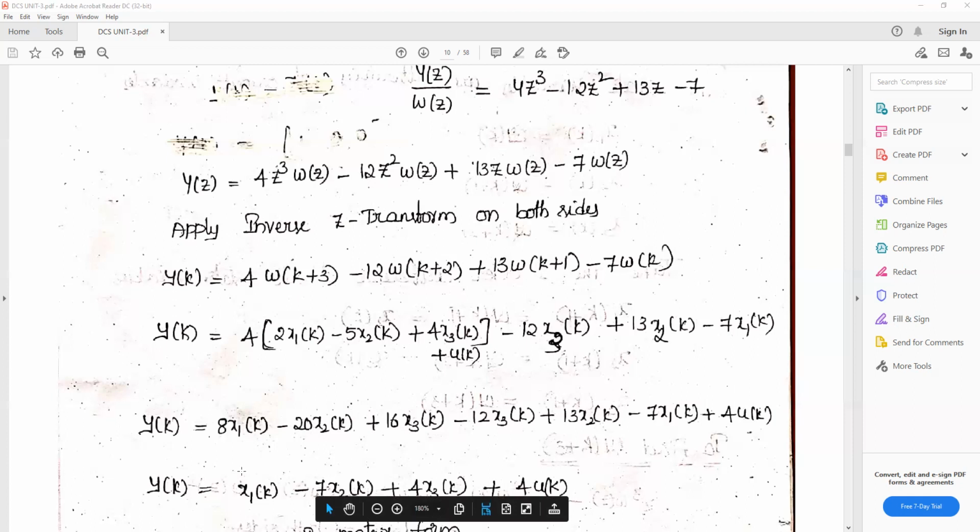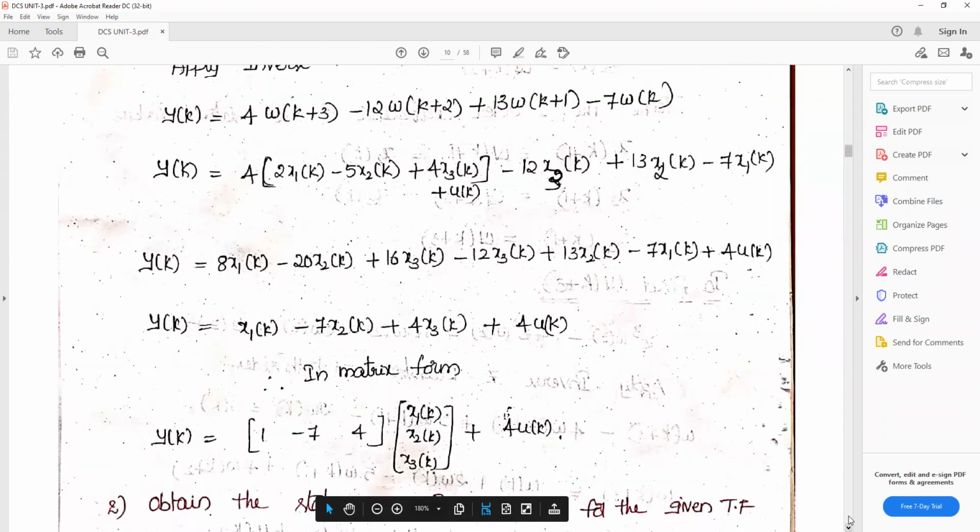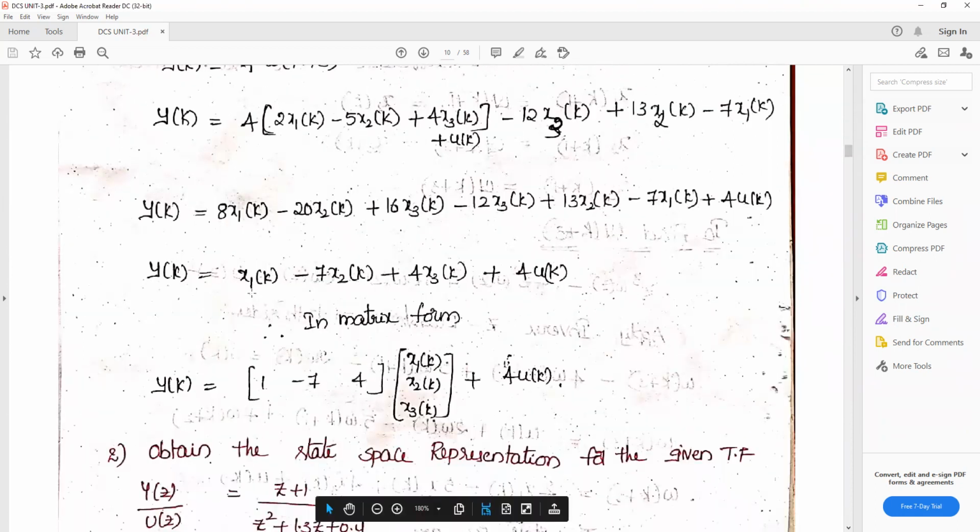So x1: 8 minus 7 is 1. x2: minus 20 plus 13 is minus 7. x3: 16 minus 12 is 4. And 4 for u of k. Now note down the state vector form in matrix form. y of k: the x1 coefficient is 1, the x2 coefficient is minus 7, the x3 coefficient is 4, into x1 of k, x2 of k, x3 of k, plus the input coefficient 4 into u of k.